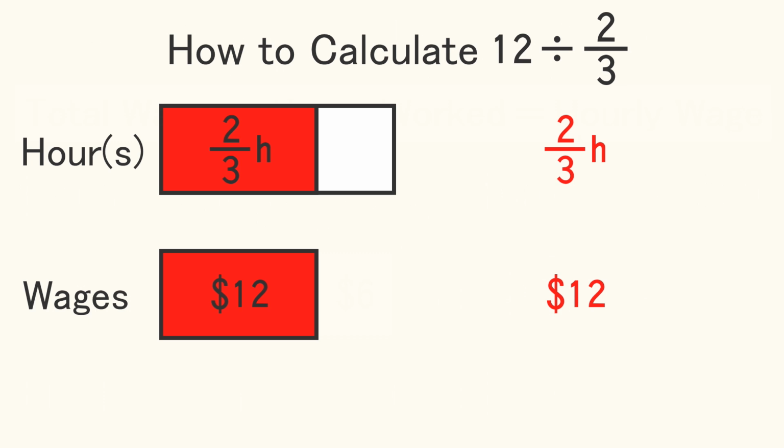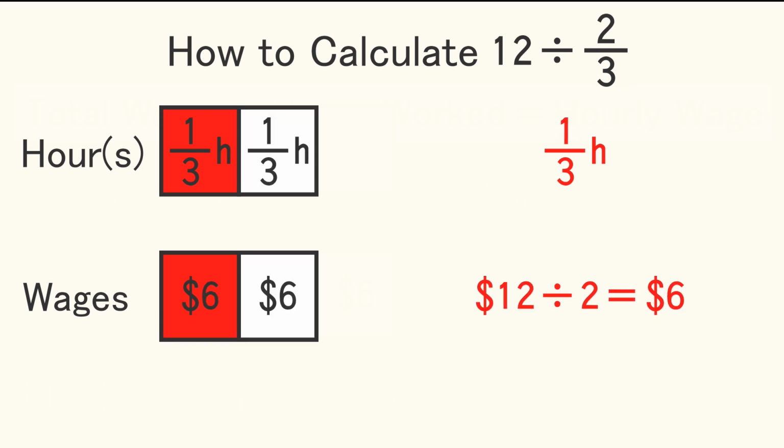So instead, let's try thinking in the opposite direction. It's easy to see how many 1/3 hour blocks are in 2/3 hour. Since 2/3 hour is made up of 2 1/3 hour blocks, we divide the $12 by 2 to find your 1/3 hour wage.